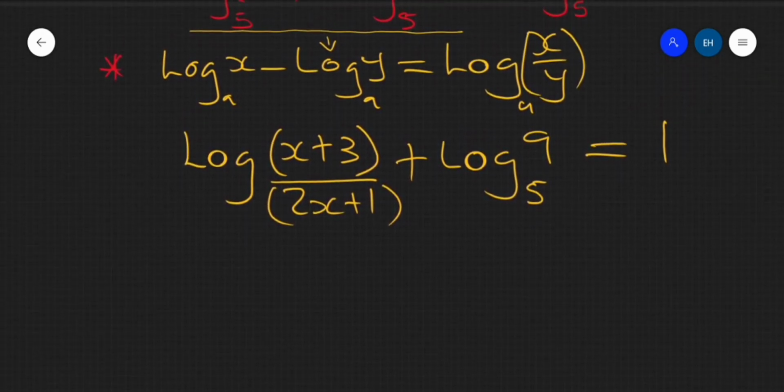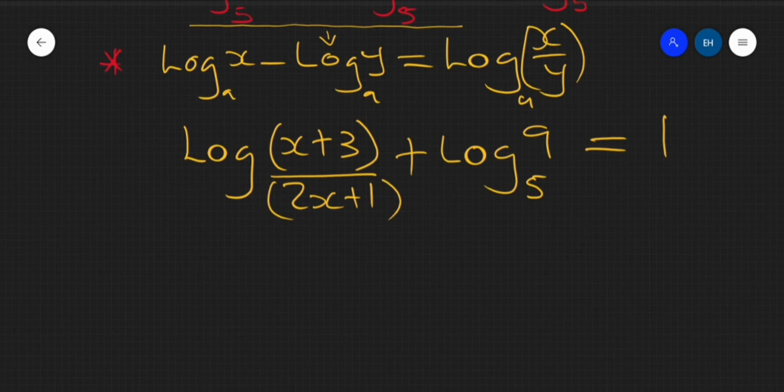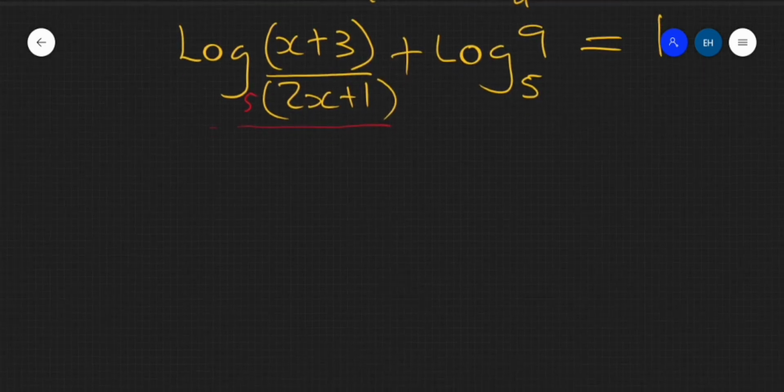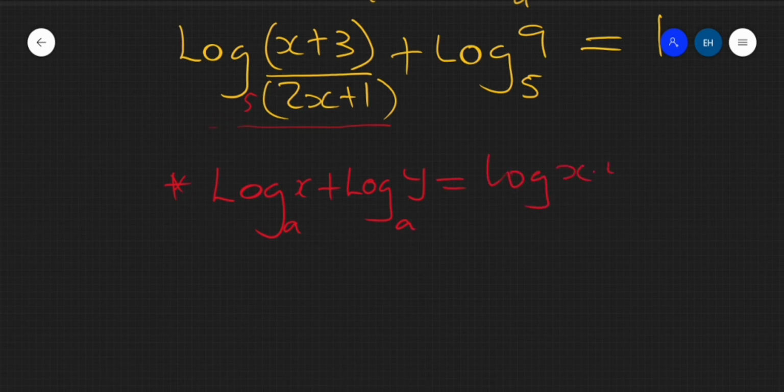Okay, you have seen that. This is how we apply it. Then now we find out that this is base 5. Now same base, and we are adding, so which means the 9 and this fraction, they multiply. So we end up having log. Let me write the rule. This is the rule: log x base a plus log y base a will be log x times y base a.